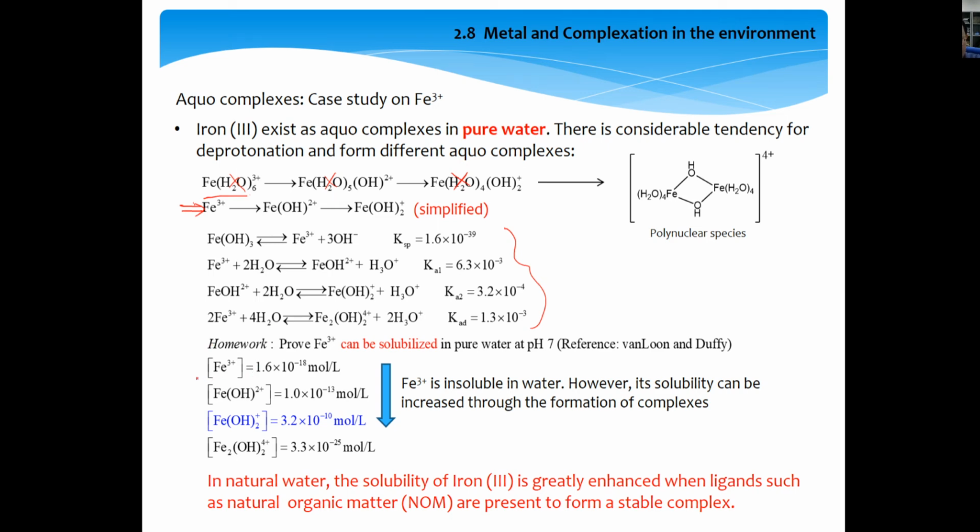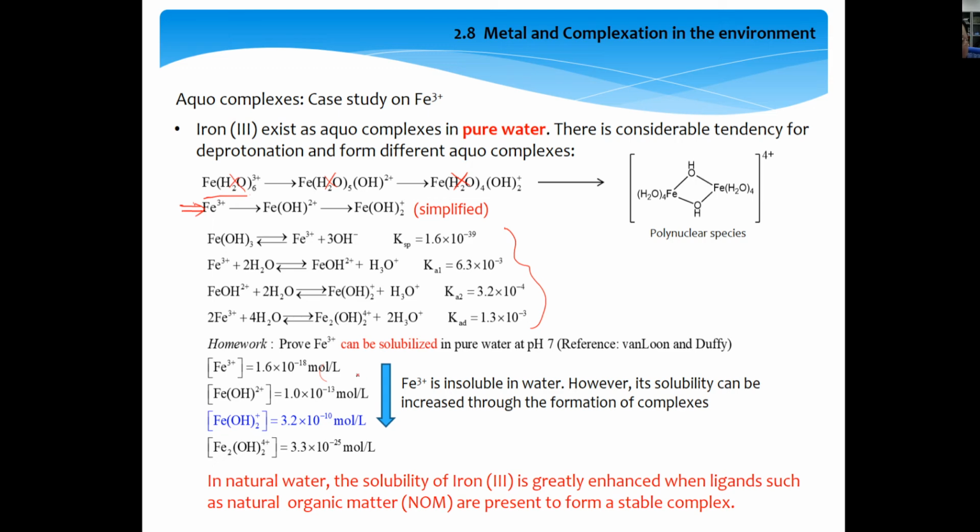You can see from here that iron 3 plus itself is not soluble in water. If you put iron 3 plus into water, most likely it will stay in the form of solid. The soluble part has a concentration in the range of 1.6 times 10 to the power negative 18 molar, which is very small.